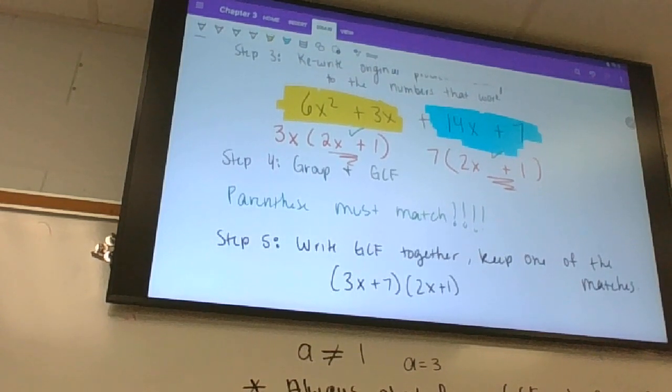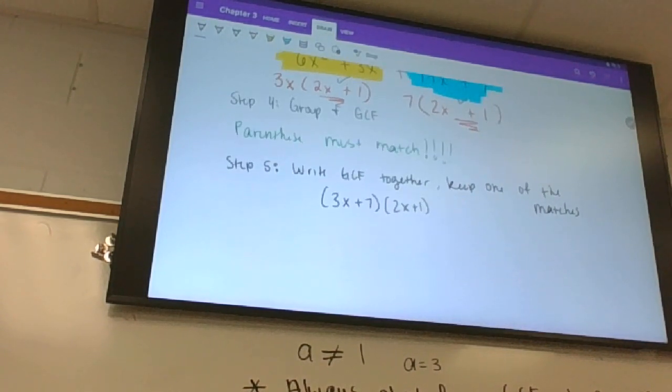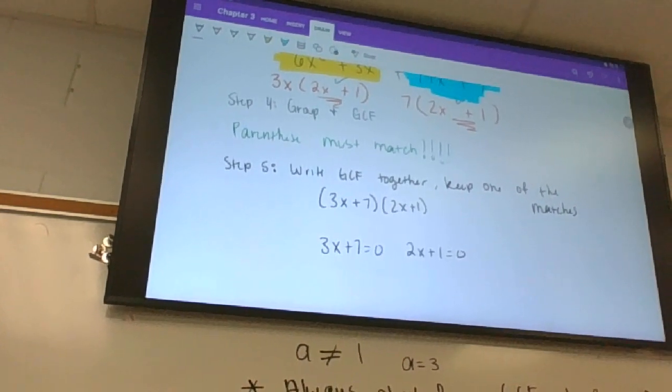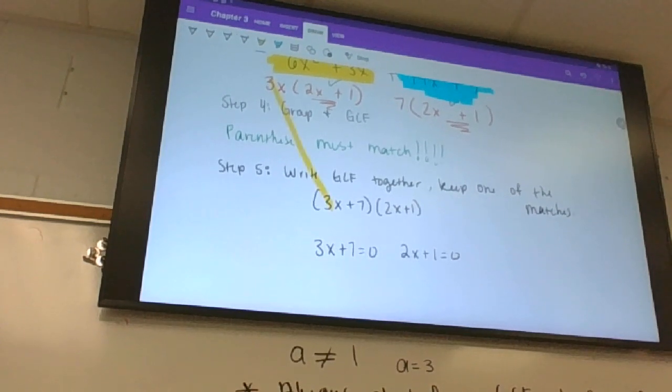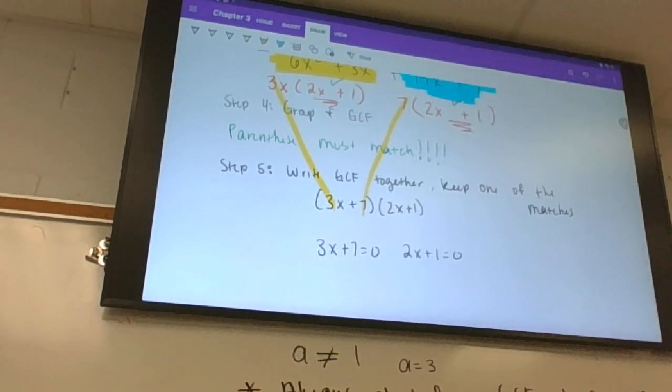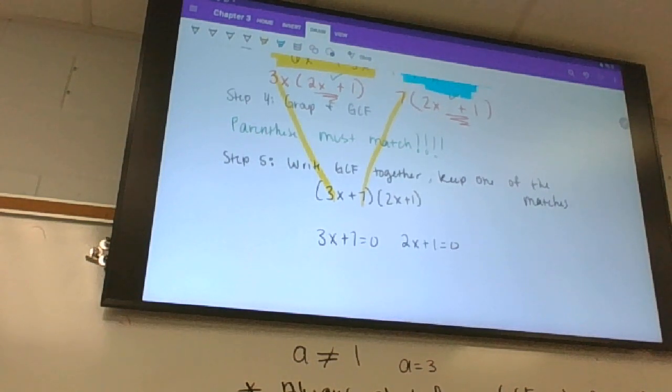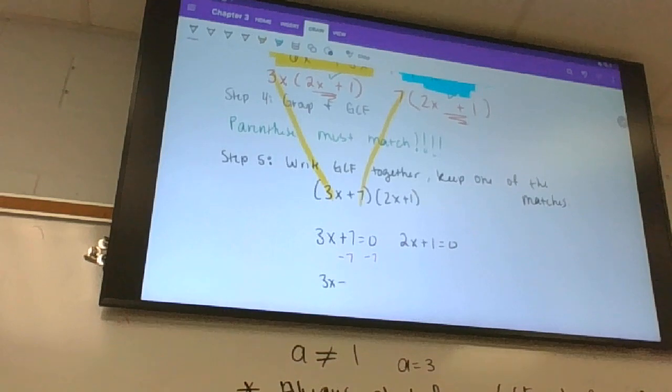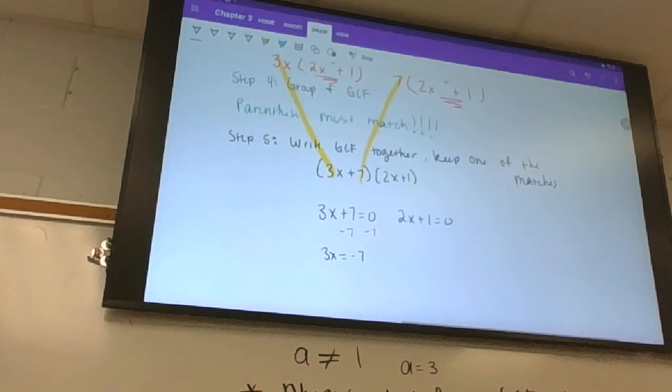And then make them equal 0 and solve it. Probably some of you are wondering where did I get the 3x and the 7 from? Subtract 7. 3x is negative 7, divided by 3.